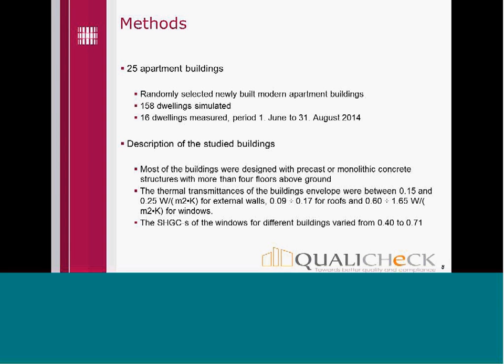To describe these buildings, it needs to be said that most of them were massive buildings, so having quite a remarkable thermal mass, which will indeed help when passive measures like ventilative cooling and so on are applied. The thermal insulation level indeed is quite good in modern buildings, and window g-values were also within quite a wide range, as you can see from here.